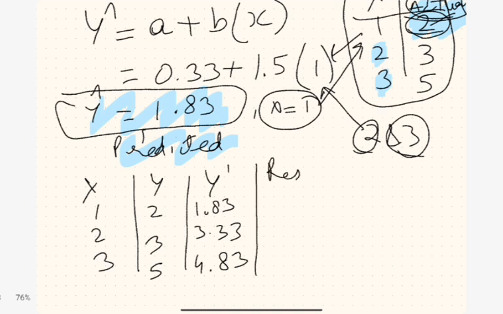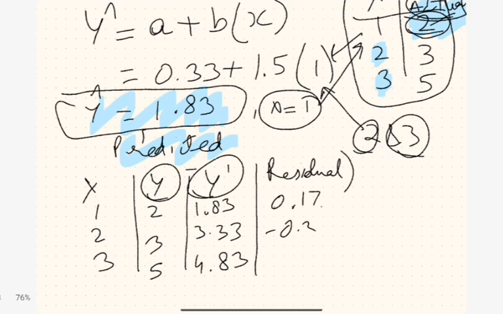Then the residual is actual minus predicted. What do we get? We get 0.17, minus 0.33, 0.17.